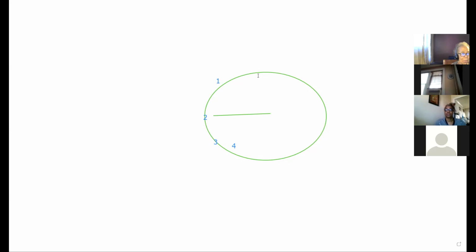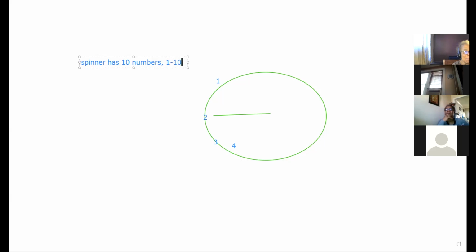So there are 10 numbers on this spinner. The spinner has 10 numbers.